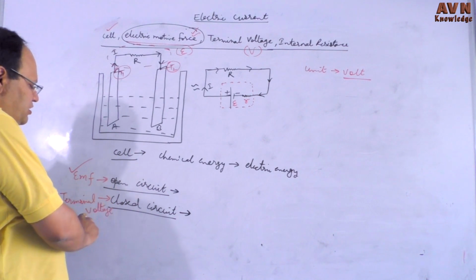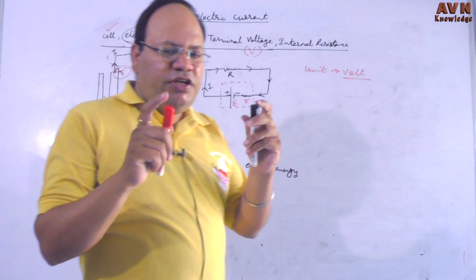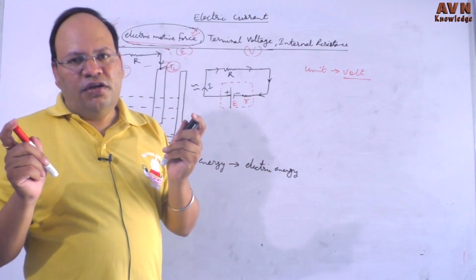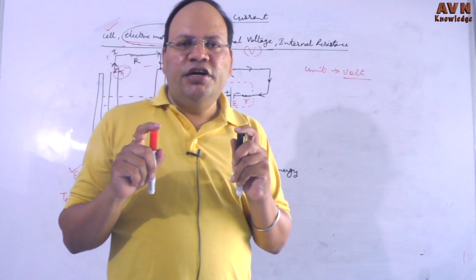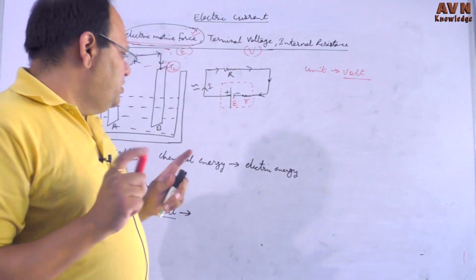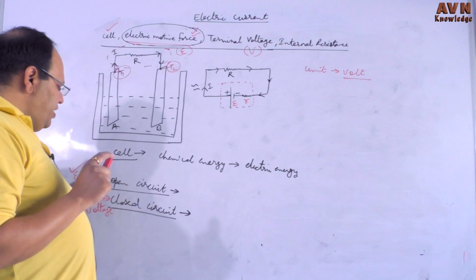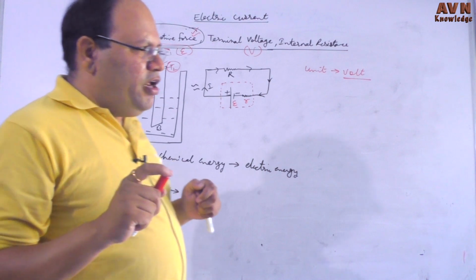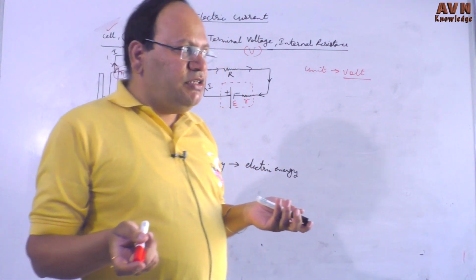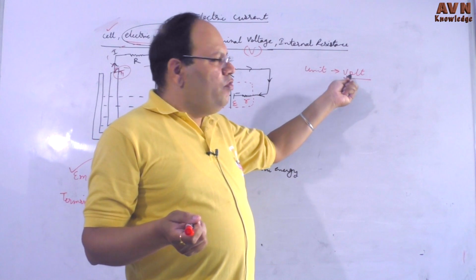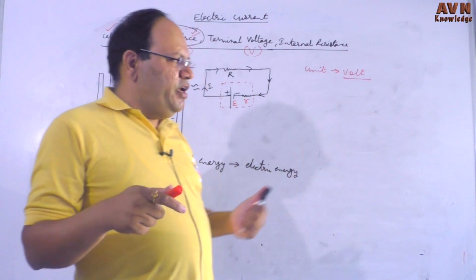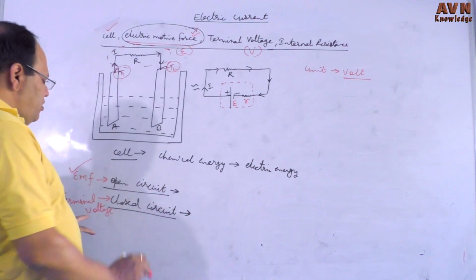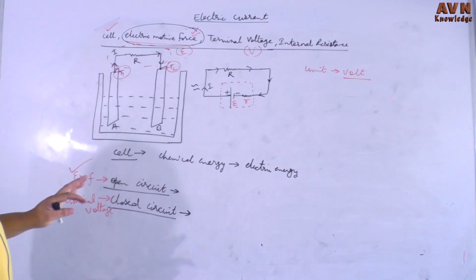So the basic difference: in closed circuit the potential difference between T1 and T2 is the terminal voltage, and in open circuit it is called the EMF of the cell. Both are potential differences and the unit of both is volt; dimension and unit we have already proved. So this is the basic definition of EMF and terminal voltage.